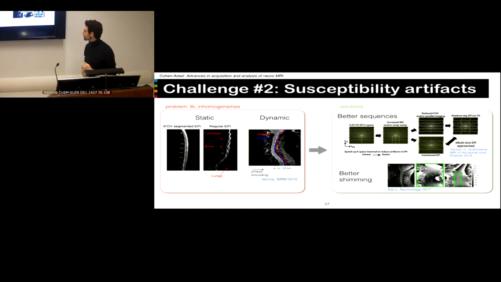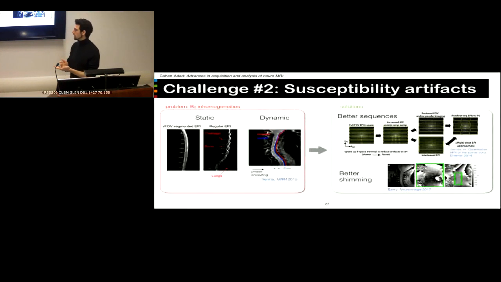Another approach is to address the problem at its source, basically trying to make the field more homogeneous before the acquisition, or during the acquisition. That's a procedure called shimming, which is always done when you acquire an image.